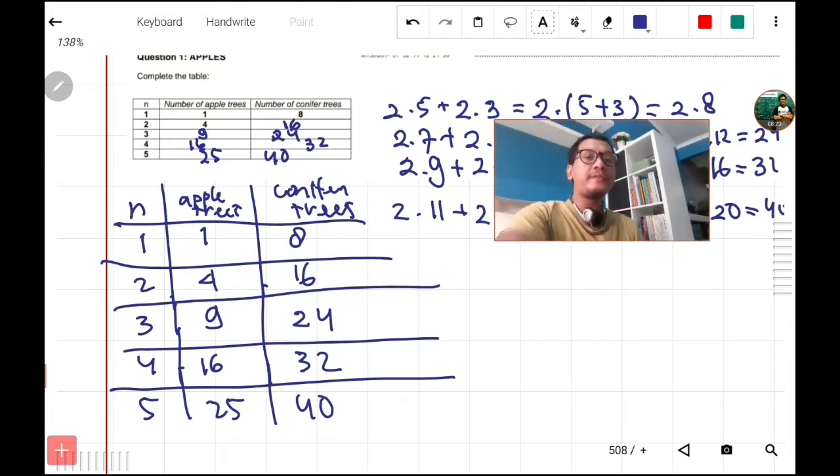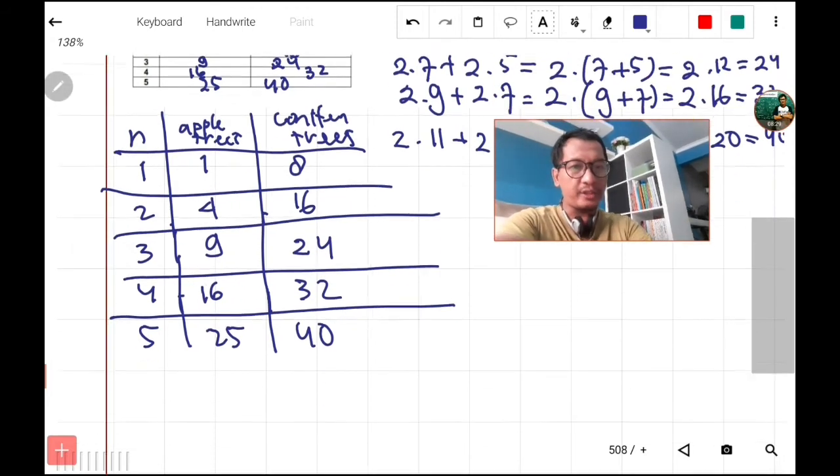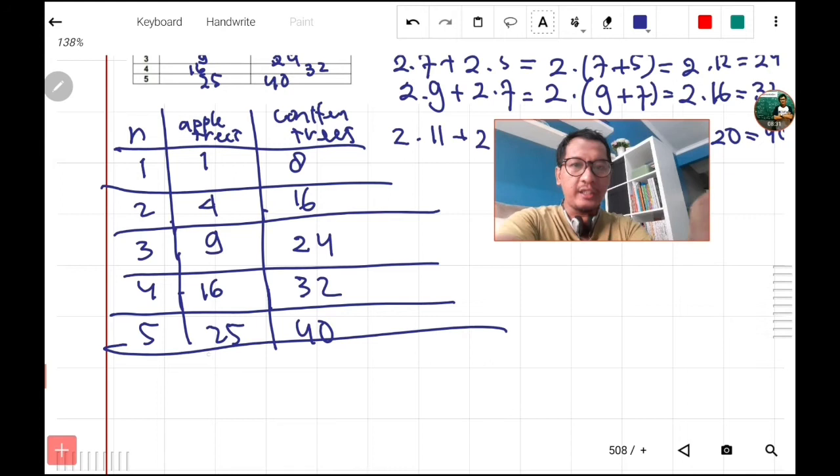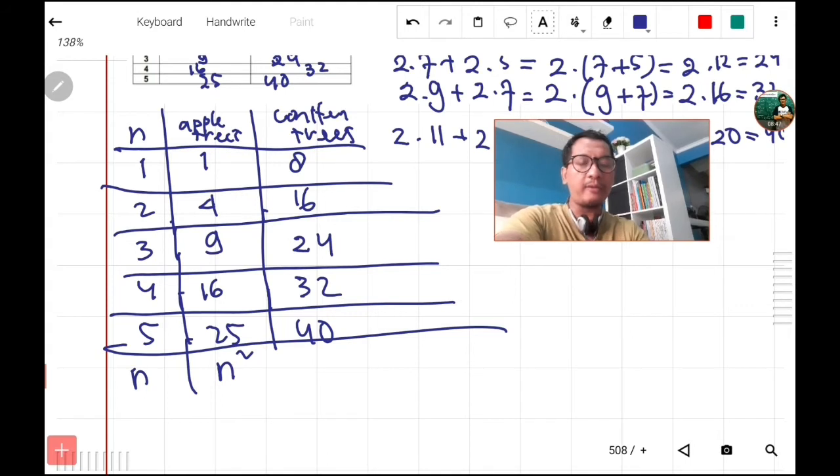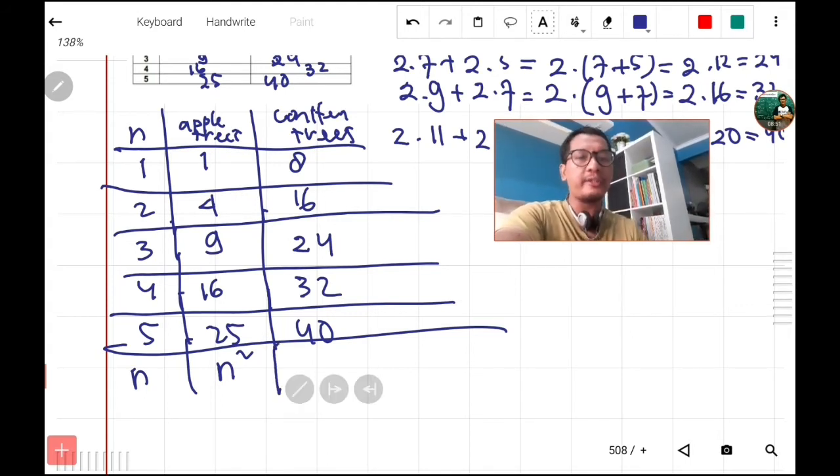Can you find the pattern? For apple trees it is clear: we can get the formula. The number of apple trees is n squared. How about the number of conifer trees?